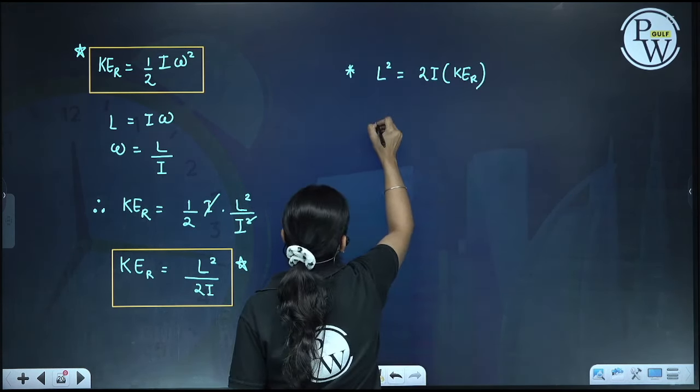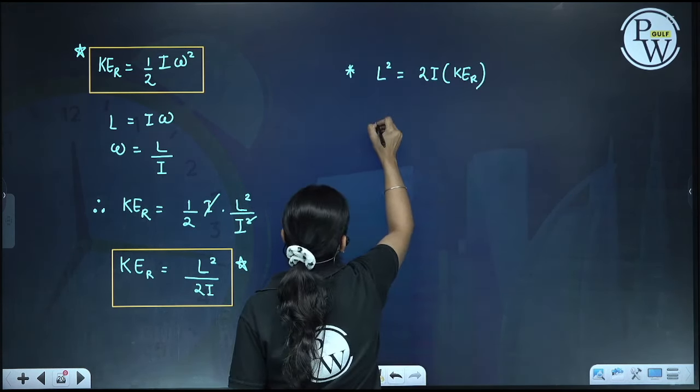Now next comes rolling motion. What is rolling motion? Till now we have studied pure rotational motion, that the body is just rotating. In the previous chapters we studied just translational, now we have studied just rotational, but in this topic we will be studying a combination of the two, translational as well as rotational.